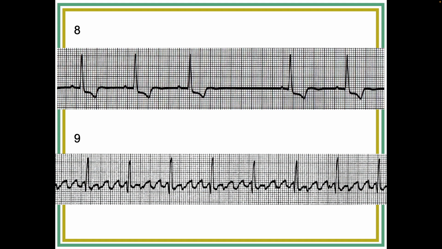All right. So this looks like it has a regular, oh, I'm on 8. Yeah, it looks regular. The rate is about, I would say, 50 beats per minute. So bradycardic, and P waves are present.